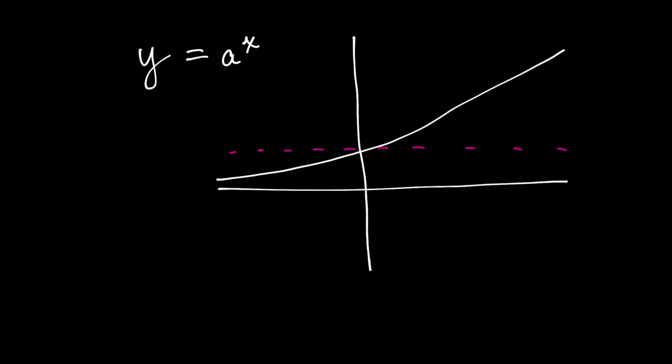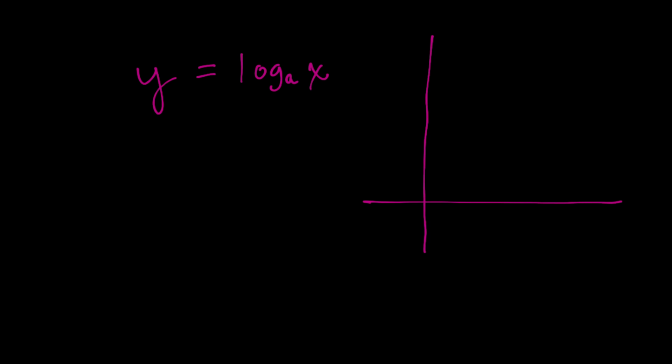So let's look at the exponential function. So y equals the log base a of a number x. The reason why we're switching the x's and y's around here is for when we graph these, it's going to look like this.